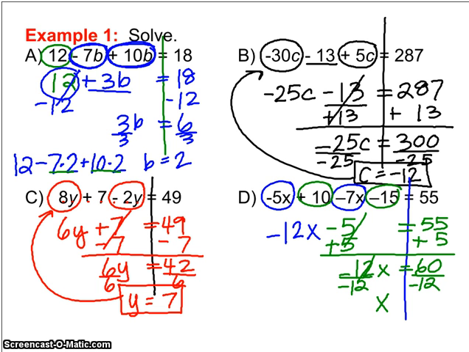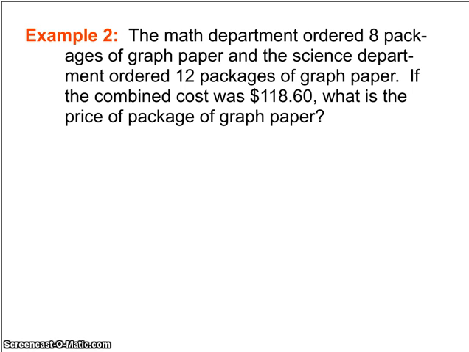And we find that x equals -5. Take your answer, plug it back in, do -5 times -5 plus 10 minus 7 times -5 minus 15, and you'll get 55. Let's take a look at some story problems.